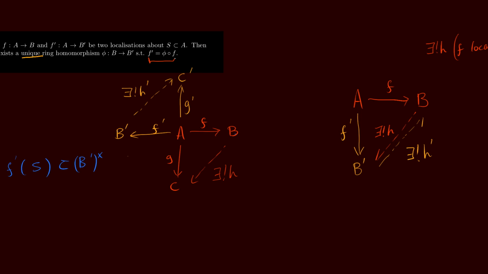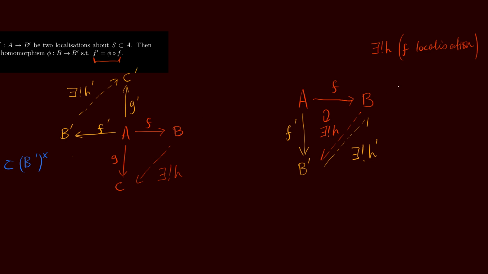So we just need to check that we have commutativity, and of course we do. That's given to us by the fact that F is a localization. That is that F prime is equal to first doing F and then doing H. So our unique ring homomorphism is this ring homomorphism H.